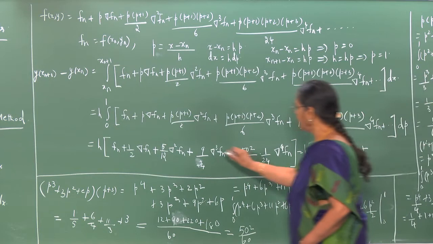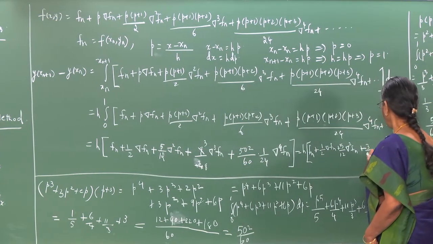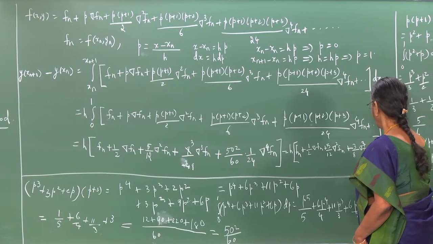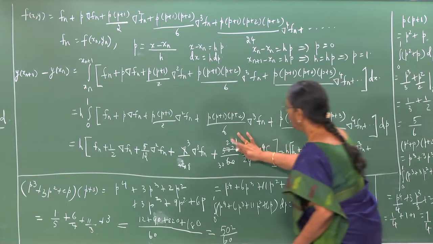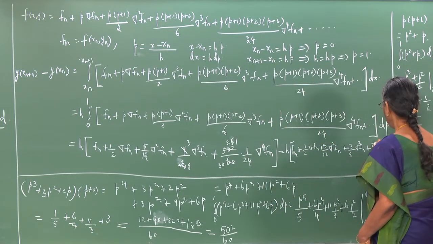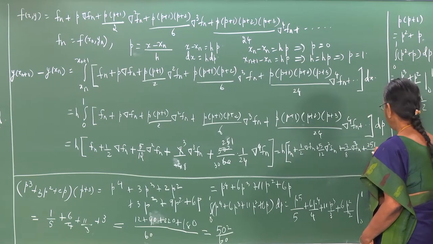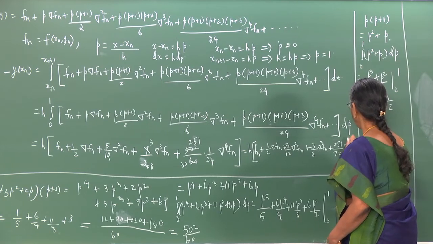Then the next term, 3 by 8 into del cubed Fn, plus this gives you 251 by 30 into 24. So, that is 251 by 720 into del power 4 Fn.